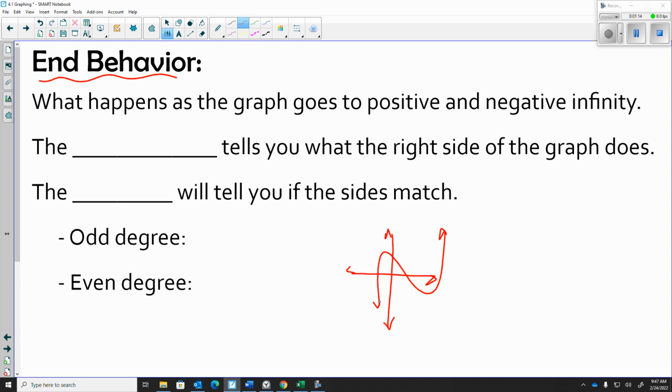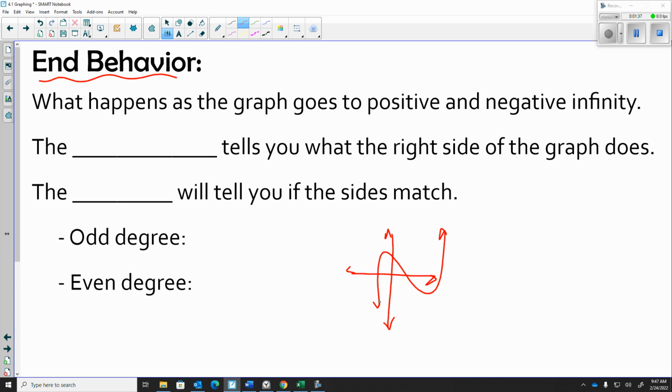What's the graph doing? It's also asking what's it doing as you move this way forever. On the x-axis, just asking what is the graph doing infinitely to the right and infinitely to the left. That's what end behavior is. And I'll show you how we write it in a second.